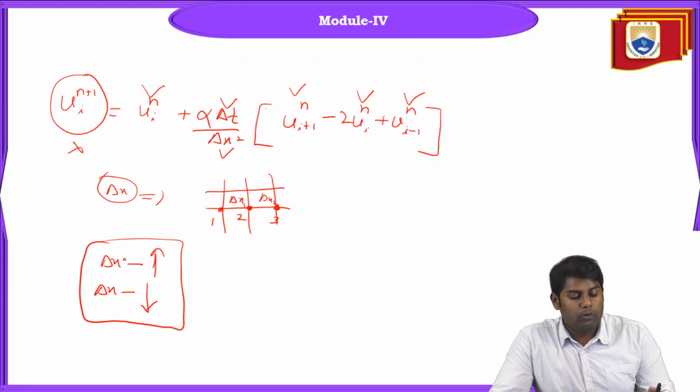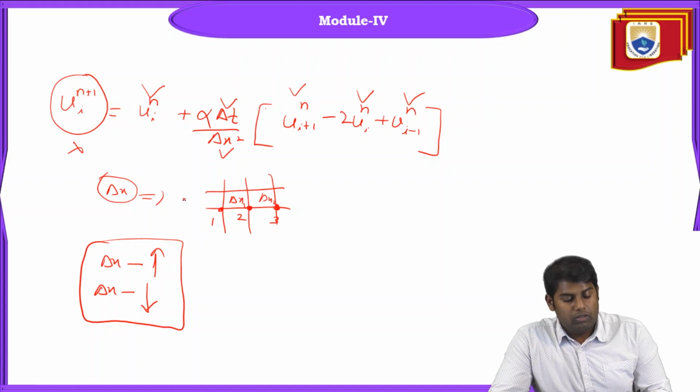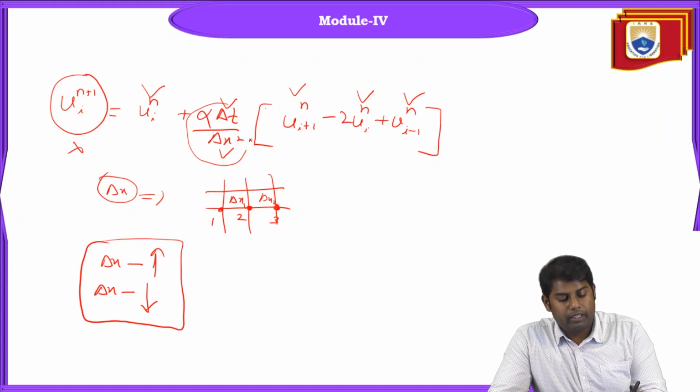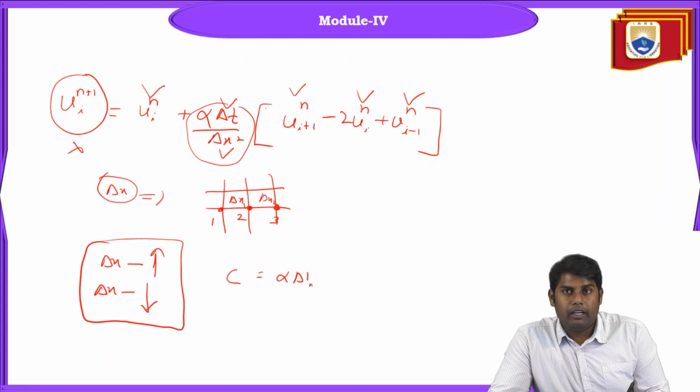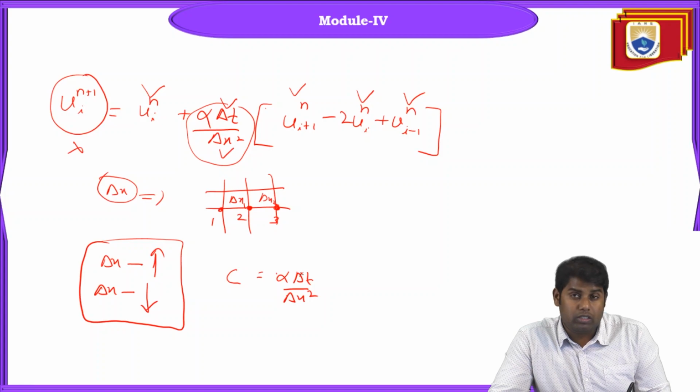Now, alpha, let us take it as a constant, the diffusion constant, or you can take anything. Here this parameter, let us take it as C, which is alpha delta t by delta x square. Alpha you can take as constant, but delta t you cannot take as constant.